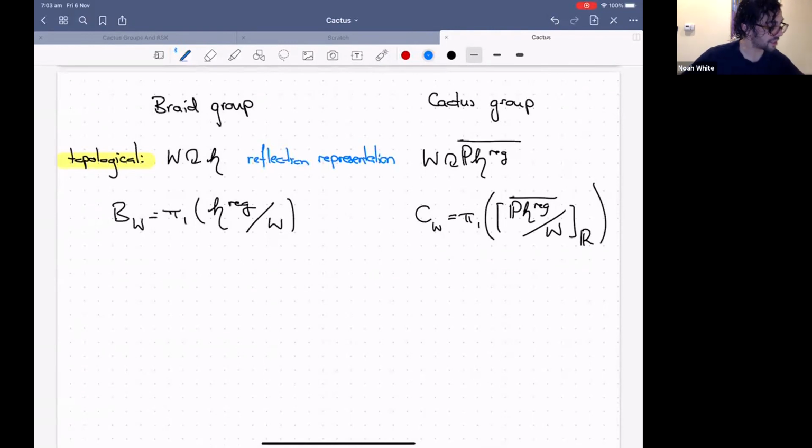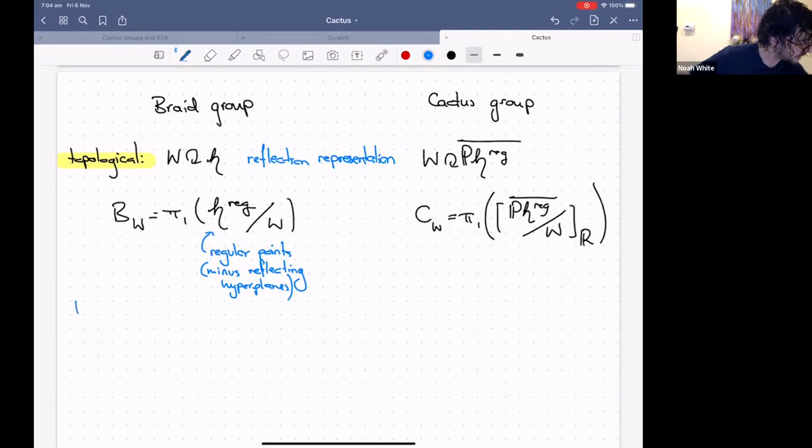Okay, and with this reflection representation, you can take the regular points. This means just the reflection representation minus the reflecting hyperplanes. And if you take the quotient by the action of the group, so this is the set of all points where the group acts freely, you take the quotient. The fundamental group of that is the braid group.